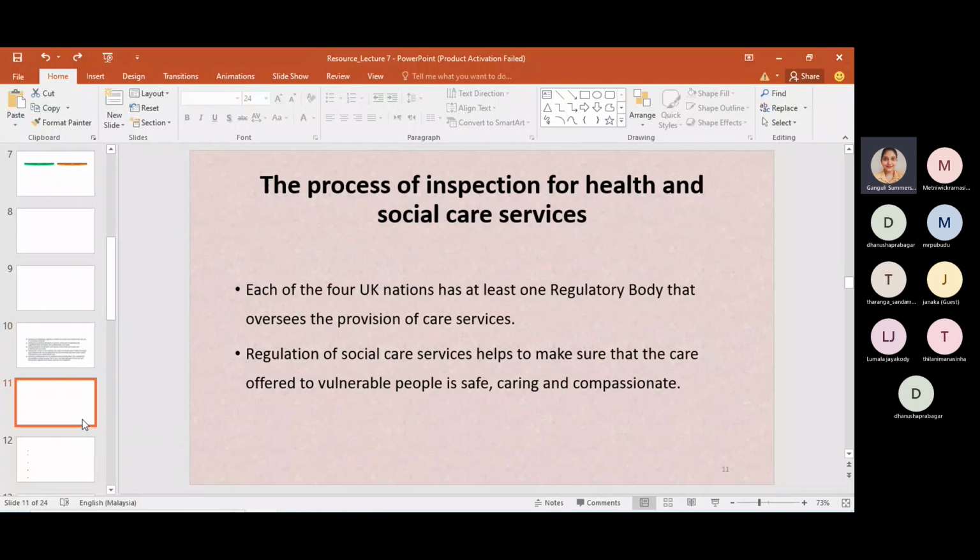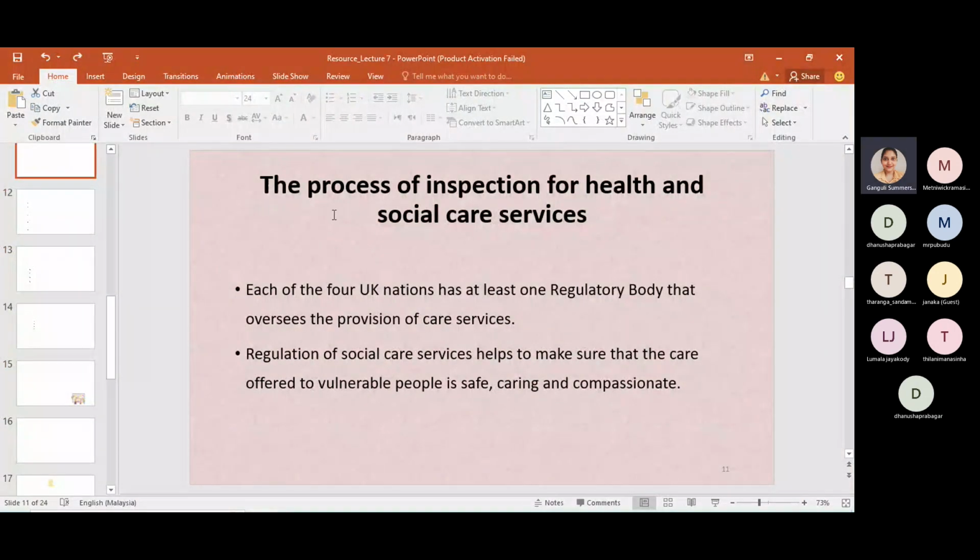All right, guys, then we can move on to our next main topic for today: the process of inspection for health and social care services. We discussed a lot of information about regulation, right? In regulation, I told you that regulators will inspect whether you are doing the job properly or not.